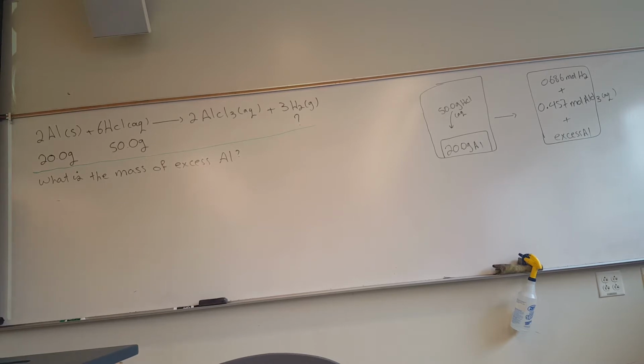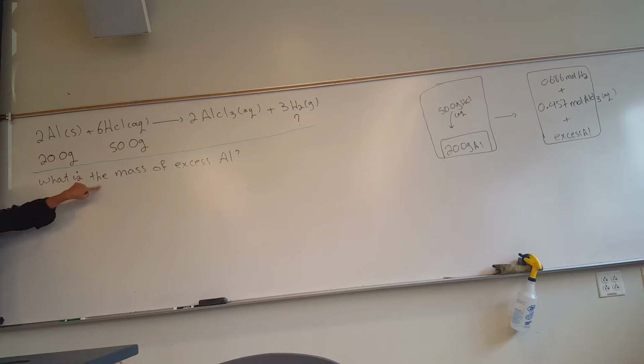So, in order to find the excess aluminum, our first step is to find out how much of the aluminum actually reacts with the hydrochloric acid. Once we find how much of it reacts, we can subtract that from the initial quantity of aluminum and find how much is left over.